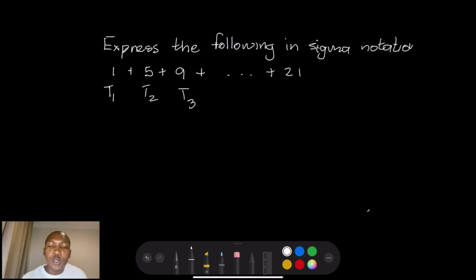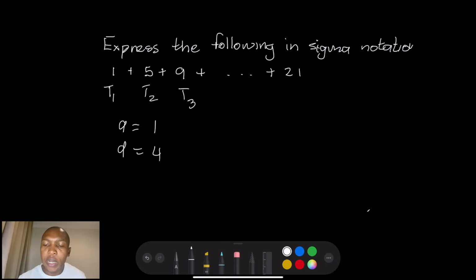Okay, so now we're going to look for the sigma notation of it. But first of all, it means that our A value is 1 and our D is 4. Okay, so let's find the general expression. That's what we'd always do.